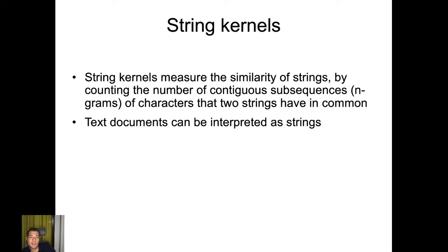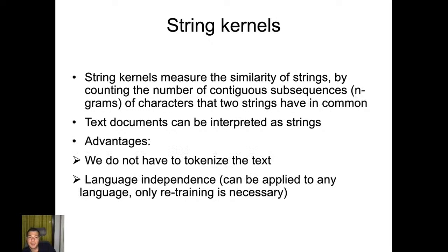Okay, so the main idea here is that we have a very simple solution. For natural language processing, we do not have to tokenize the text and extract words. We simply interpret the documents as a sequence of characters, so just as two strings. And this also gives us language independence.